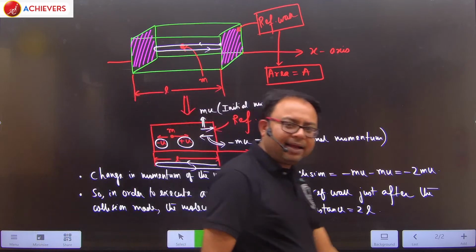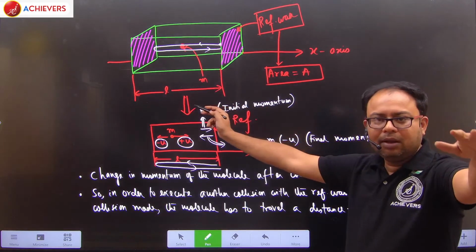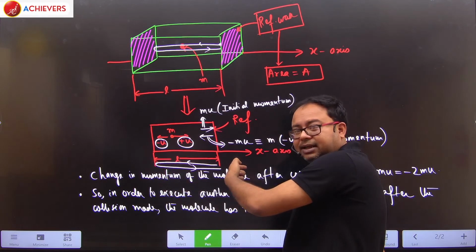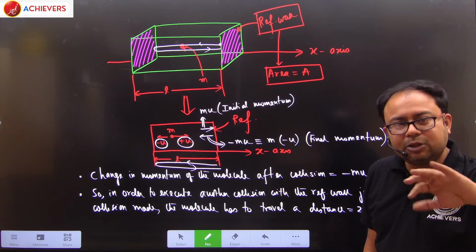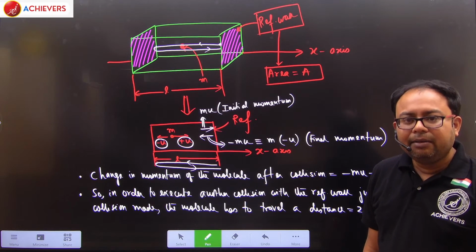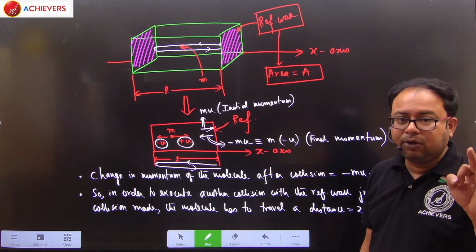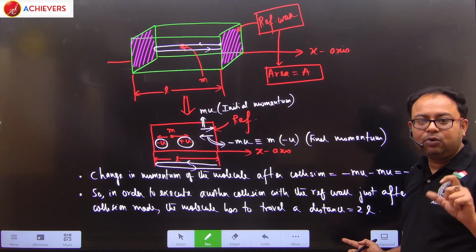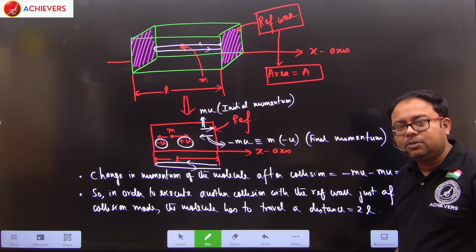What time will it take? The speed is all the same, the speed is u. Velocity is plus u in this direction and minus u in this direction, but it doesn't affect the speed. The speed remains all the same, the speed is u, because the speed is a scalar quantity. So if the speed is u and the distance is 2L, then the time lag between two consecutive collisions will be distance divided by speed, that is time.